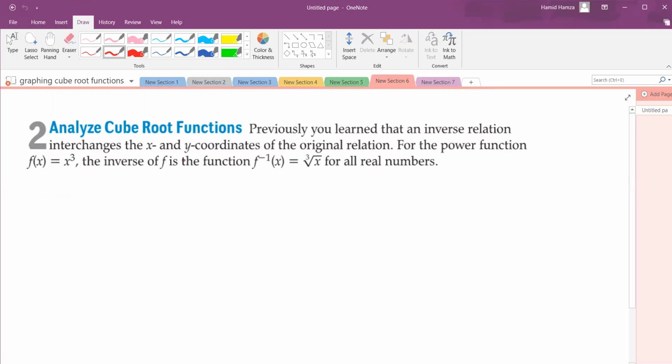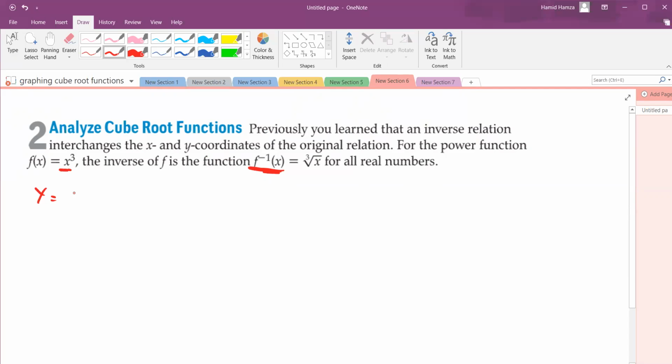The last point we wanted to talk about, guys, is that the cube root function is the inverse function of the cubic function. So the cubic function and the cube root function represent inverse functions. If I give you f(x) = x^3 and ask you to find the inverse, let's find it.